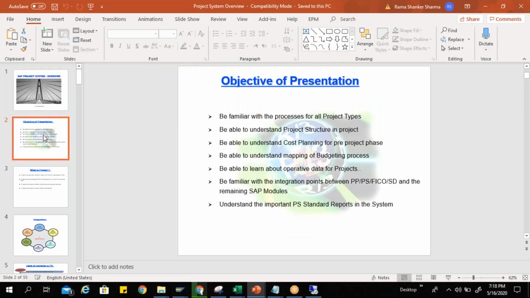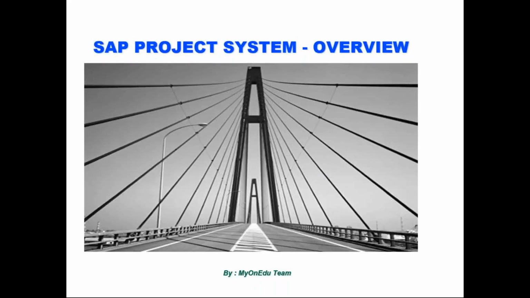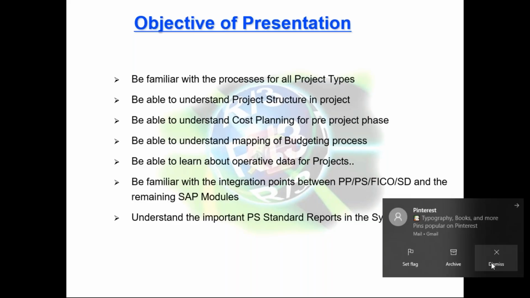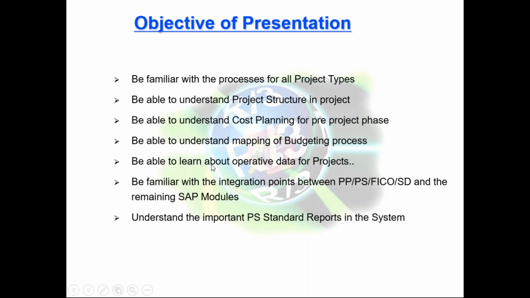So here, let me start. It is just to give you an overview of what we have in PS. It is to familiarize you with all project types, which I have already explained. We have three types of project in SAP PS: the investment project, customer project, and cost project. Here we will understand the project structure, the cost planning and pre-project phases, and the mapping of the budgeting process.